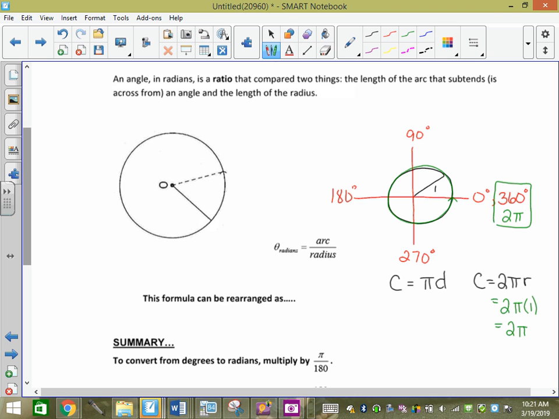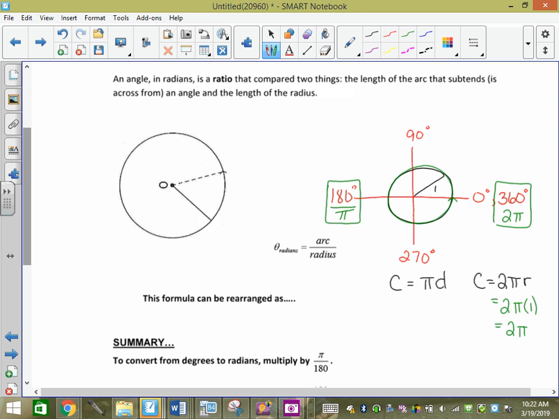Okay? So if 360 is 2 pi, what would 180 be besties with? If 360 is 2 pi, and it's 2 times the amount of 180, what would 180 be? Just pi. So 180 and pi are besties.